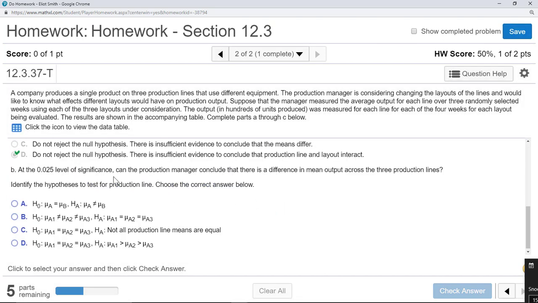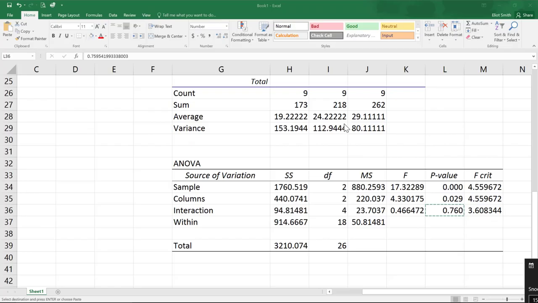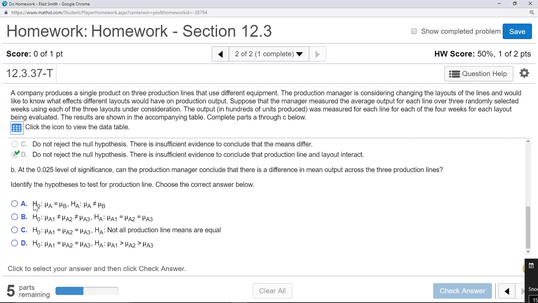At the 0.025 level of significance, can the production manager conclude that there's a difference in mean output across the 3 production lines? Okay, the lines are in columns, so we're going to look at here. So the p-value is 0.029.